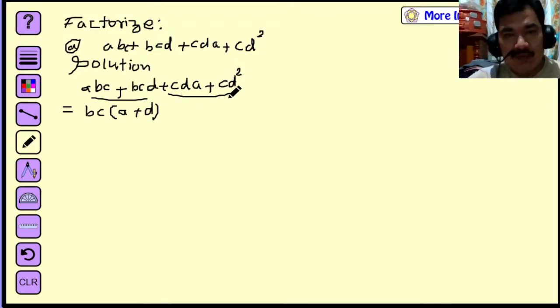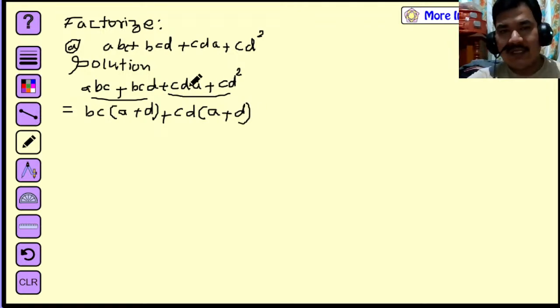After this, what is common in the third and fourth terms? Here is CD, here is also CD. Take CD common. If you take CD common, A is remaining from the first term, and from CD square, with CD gone common, 1D is left.